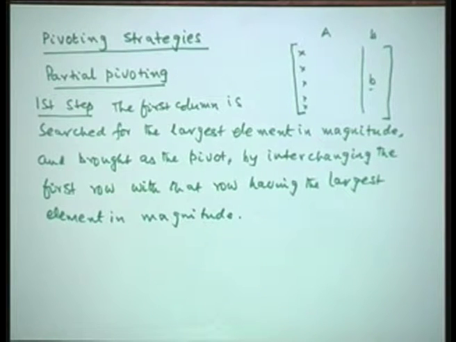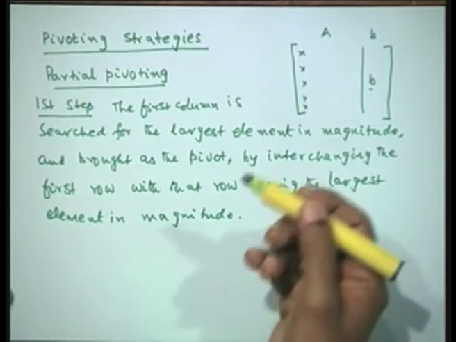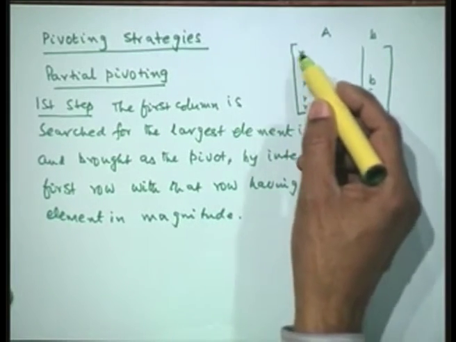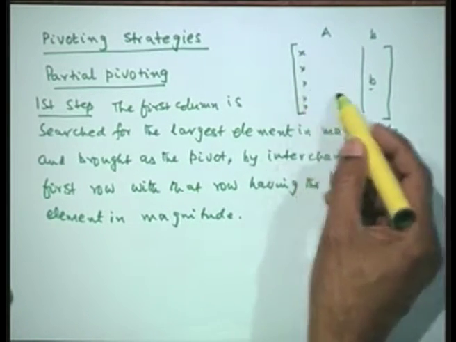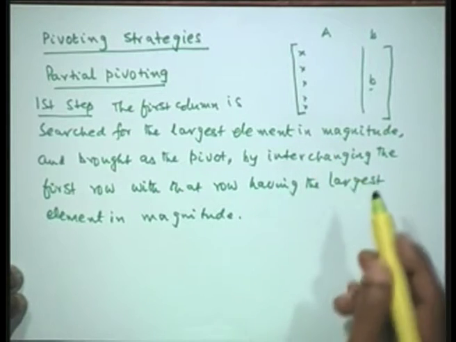Now, you can note that if the first element is 0 or very small, then we are automatically avoiding division by that particular pivot, because that element which is 0 or a very small number is thrown to some other position in that column.